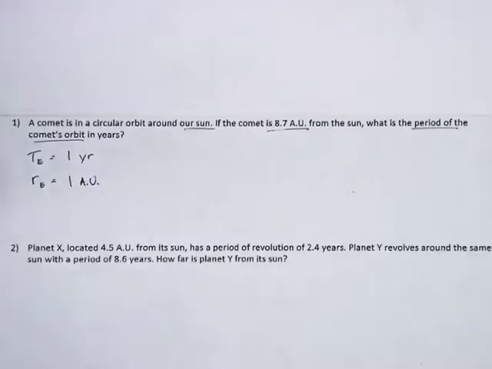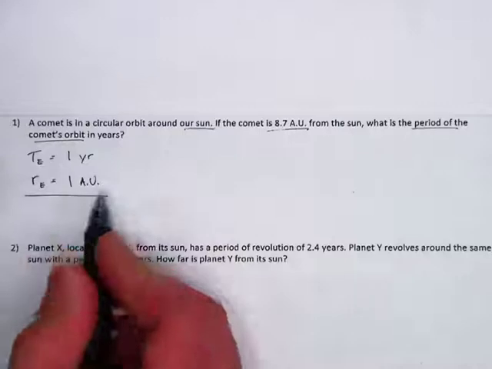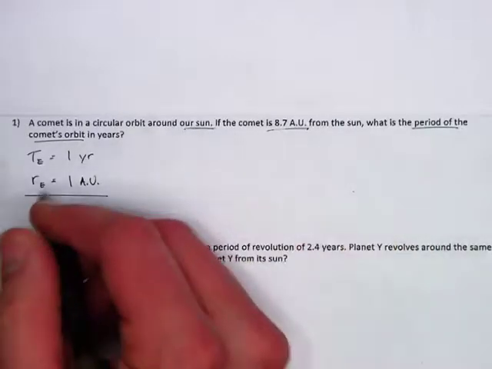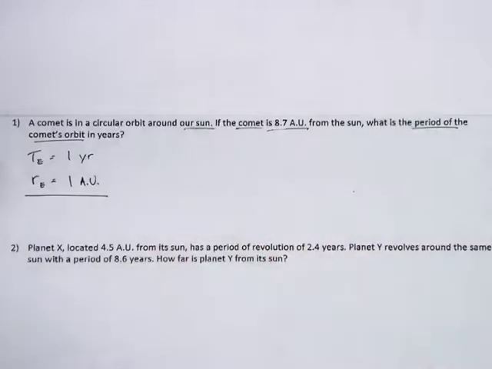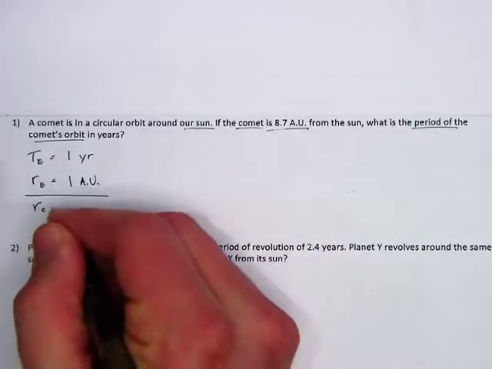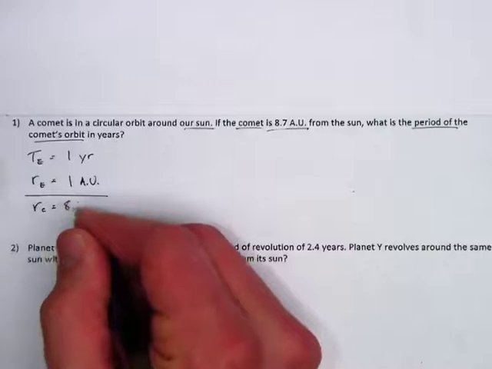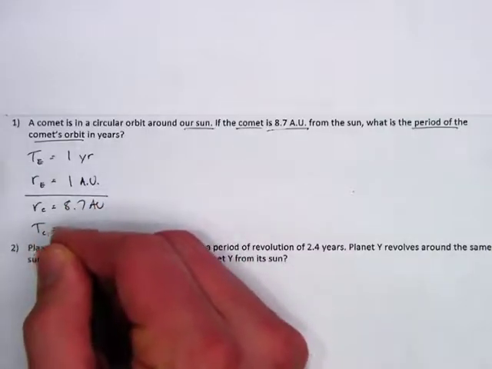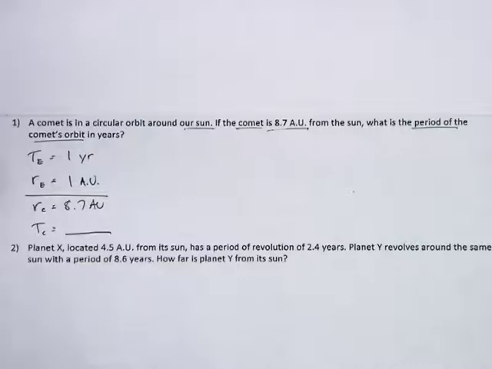So when we look at any other planet in our solar system, or a comet, any other object in orbit around the sun, and we know the radius of that comet is 8.7 astronomical units, and we want to find the period, Kepler's law becomes very simple.